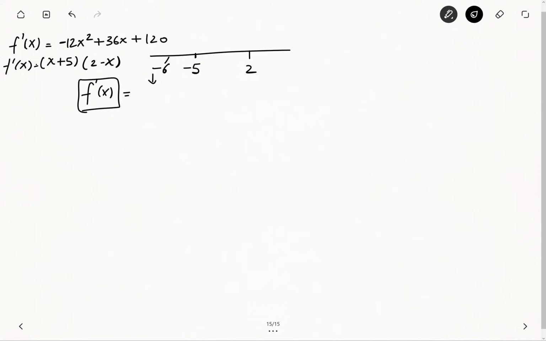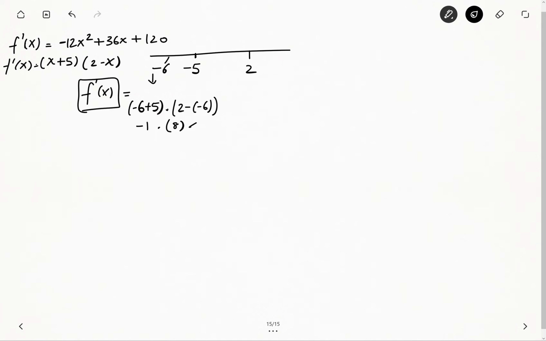Negative 6 plus 5 times 2 minus of minus 6. So what we get up here is negative 1 times, you have 2 minus of minus 6, you get 8.